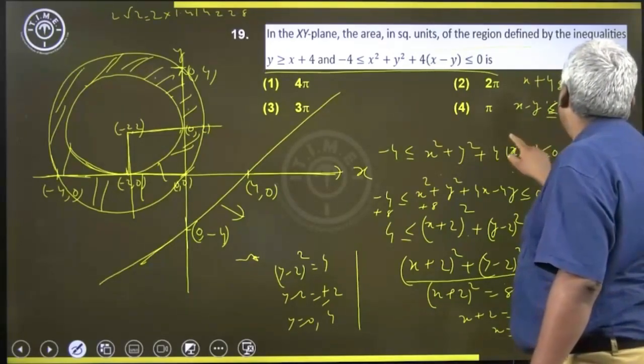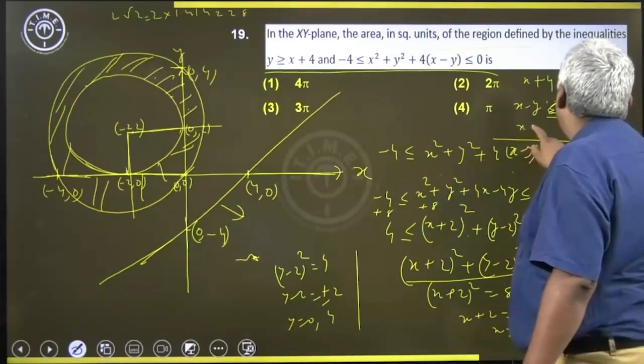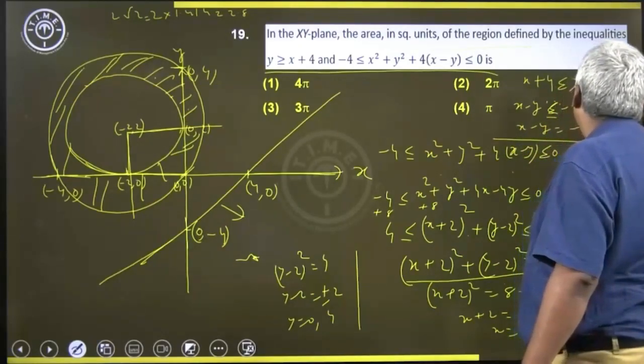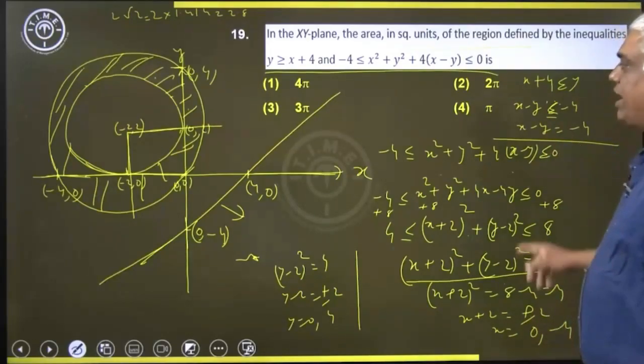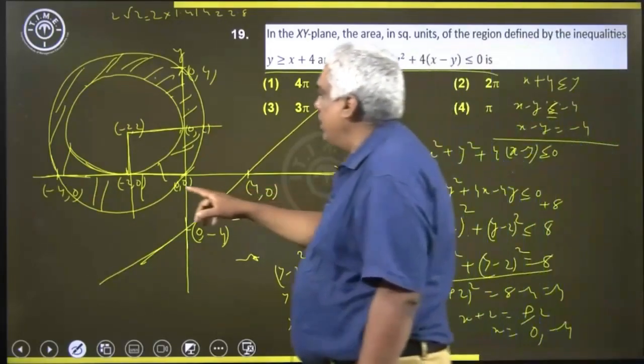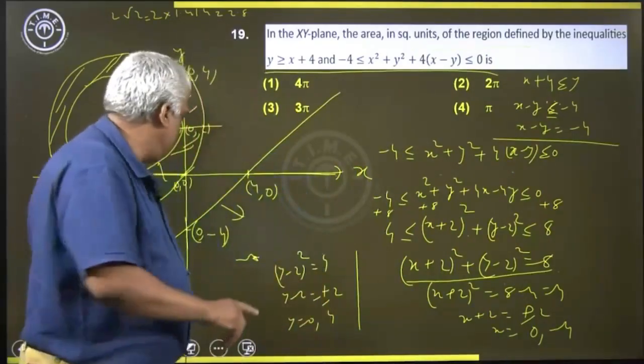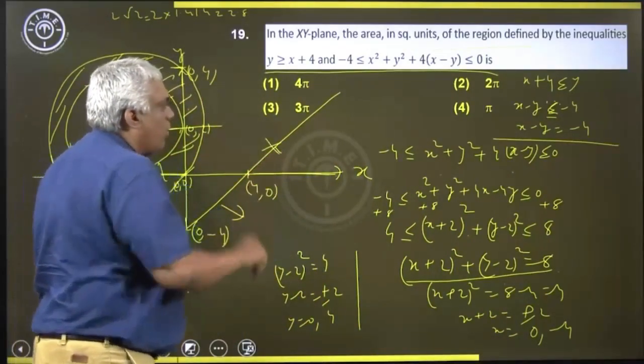So the line is x minus y equal to minus 4. If I put y equal to 0, x is minus 4. So the line is passing through minus 4 comma 0. I have drawn a wrong line.